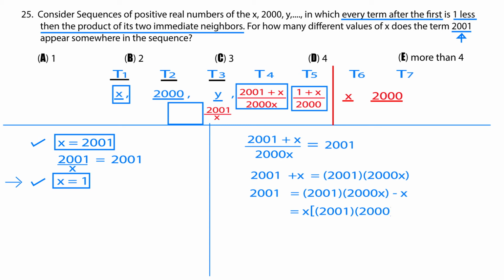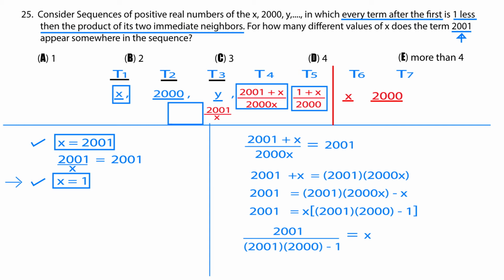Factor out the x and you'll get 2001 times 2000 minus 1, and therefore x is equal to 2001 over 2001 times 2000 minus 1.